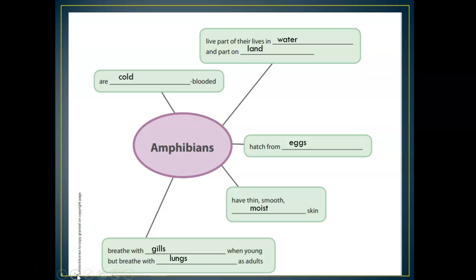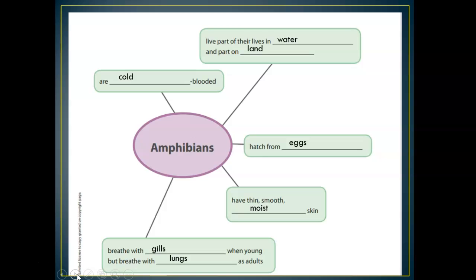Amphibians have thin, smooth, moist skin. Amphibians, an interesting thing is, do not need to drink water. They absorb water through their skin. So their skin is always moist, and that gives them the body that they need. Now, they do drink water. The geckos that I have, I have a water dish in there, and they drink water, but they don't need to.